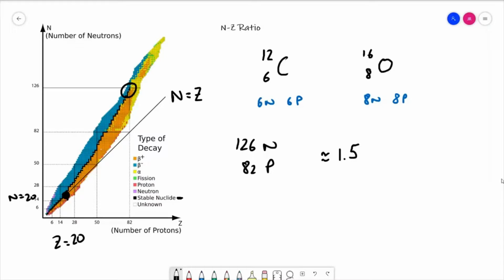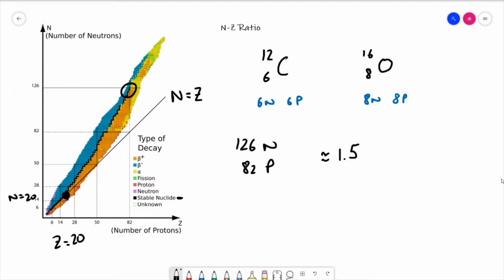Inside the nucleus, we have protons, which, if you remember back to the electric fields topic in the electric fields module, because they are all positive, there is an overall force of repulsion from the protons. There therefore has to be something to give an inward force, an attractive force, in order to keep the protons and neutrons from flying apart. That attractive force comes from the strong nuclear force, which acts between neutrons and protons.